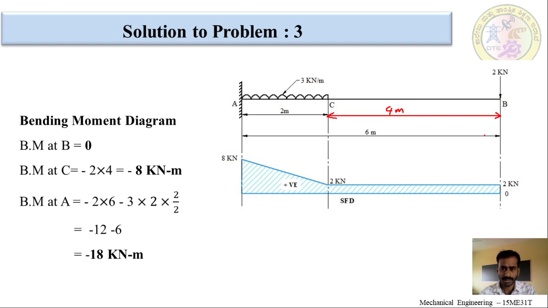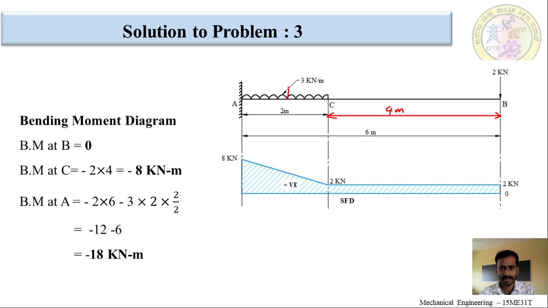So, this load is at a distance of 6 meter from A. So, we have to multiply minus 2 into 6. Then we have to replace this UDL, because we cannot consider UDL directly to solve for the bending moment.